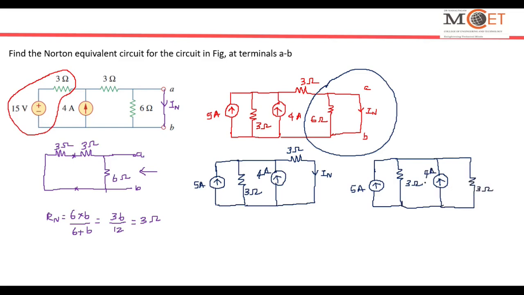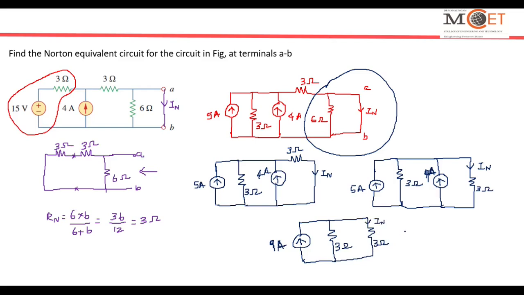The current through 3 ohm is nothing but the Norton current, so I can mark IN here. Now if you look, I can add these two, both are heading up. So this is 4 amps and this is 5 amps, so totally 9 amps current is going to flow, and there are two 3 ohm resistances, the first 3 ohm and the next 3 ohm, and the current through this is IN.